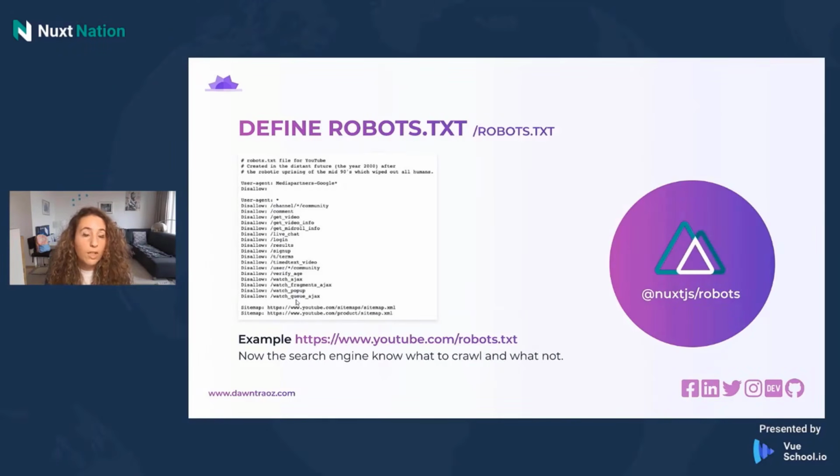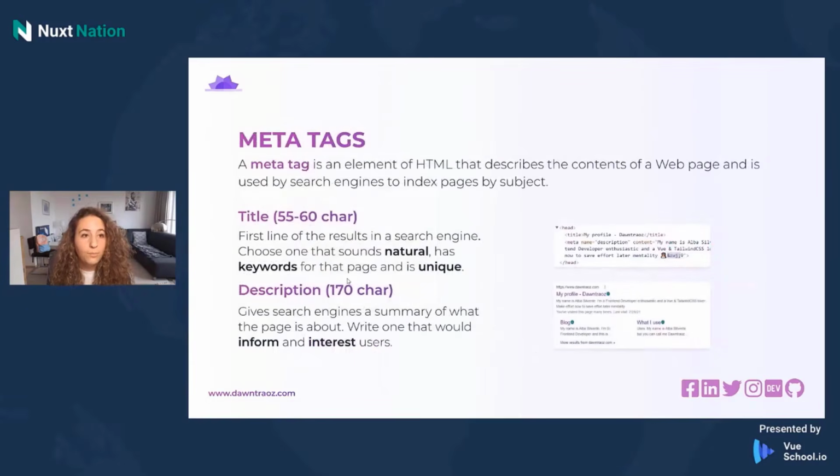And also in a robots.txt, you can specify the sitemap of your site. Because in this way, if the crawler enters your site, maybe it enters the robots.txt and can go to the sitemap by this link. So have in mind that you can add it also in the options of the configuration in Nuxt. So that's how we can allow crawling or not of a URL in a search engine.